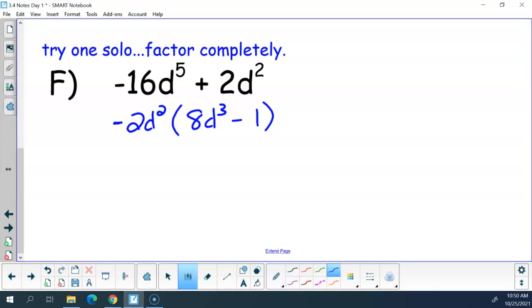Is that a perfect cube? Yeah. Of what? Of 2d. 1. Is that a perfect cube? Yeah. Of itself, of 1. You factor it from there.